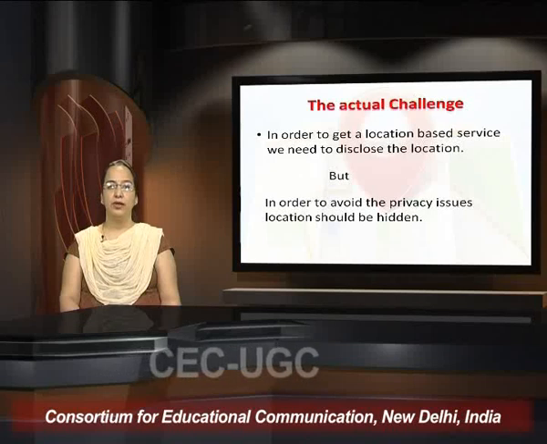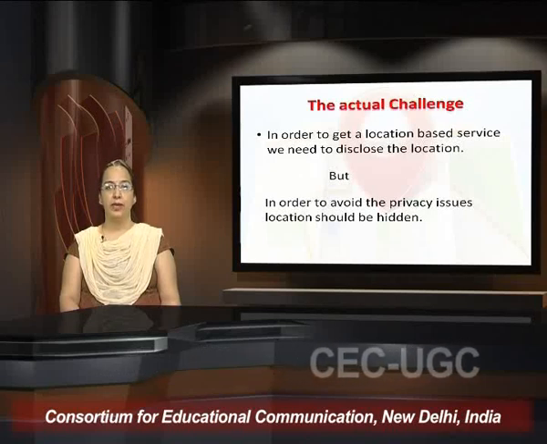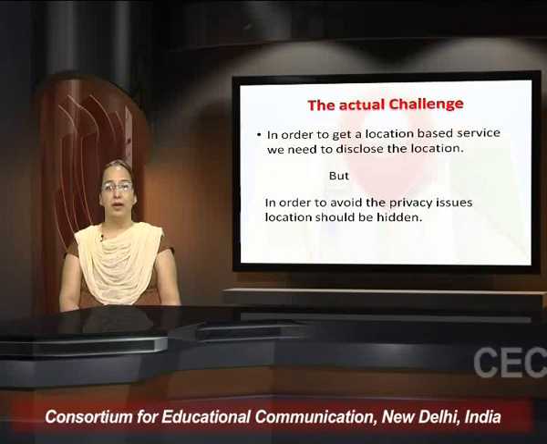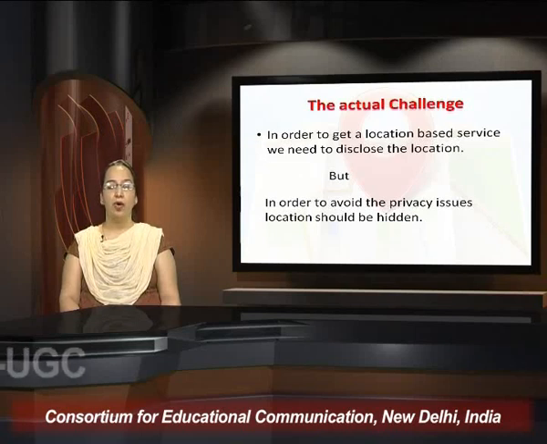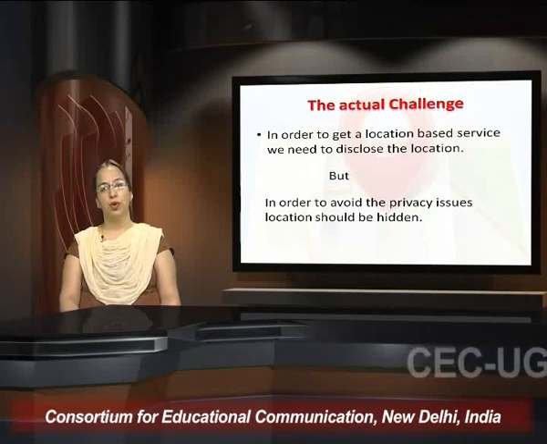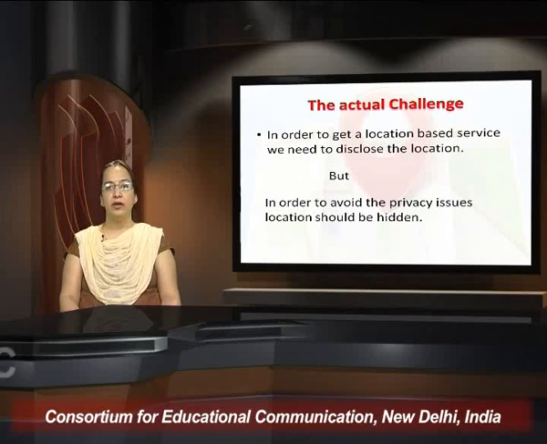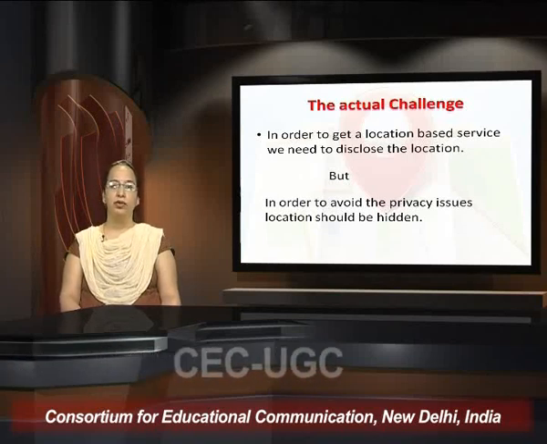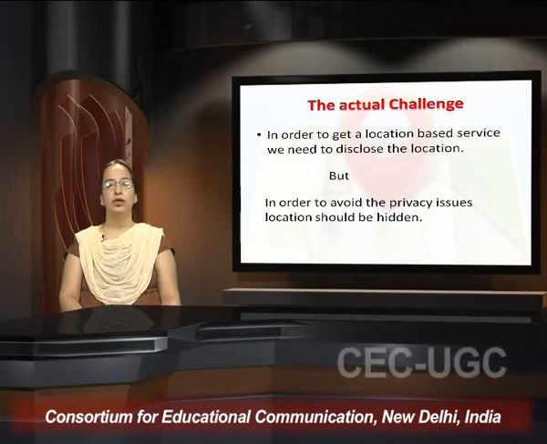So what is the actual challenge of location based services? As I have said earlier, location based services depend upon the location. So we need to disclose the location in order to get a location based service, but the agenda is, in order to avoid privacy issues, the location should be hidden. So these are two contradictory statements. In order to get the service, we need to disclose, and in order to save our privacy, it should be hidden.